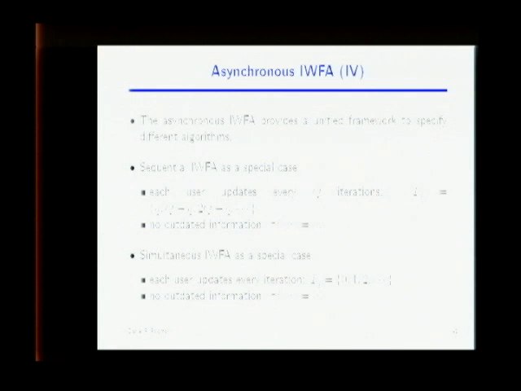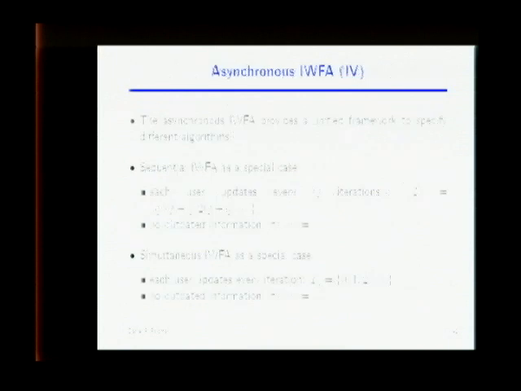Now, simultaneous: each user updates every iteration, and there is no outdated information. But now you can play around. You can say, okay, I want to use the simultaneous, but with outdated information. You can generate new algorithms, and they all will converge with the same condition.